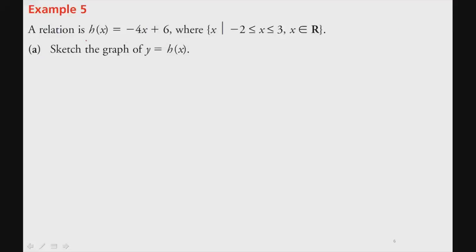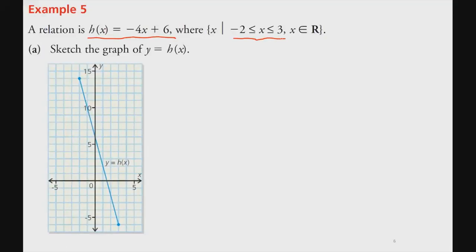Okay, we're given this function h of x equals minus 4x plus 6, which is a line, and we're only dealing with a little bit of it, in between minus 2 and 3. So we've got a sketch of this here quickly. If we wanted to, we could draw this line.